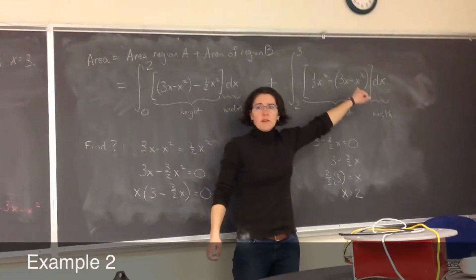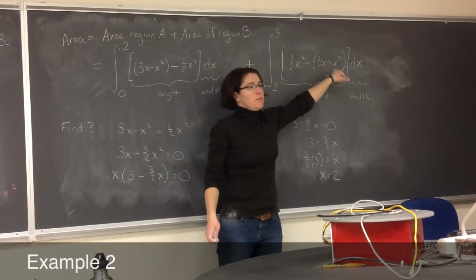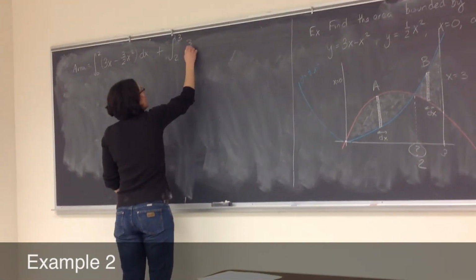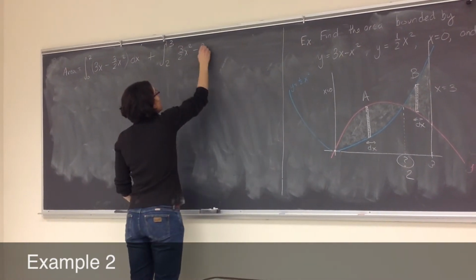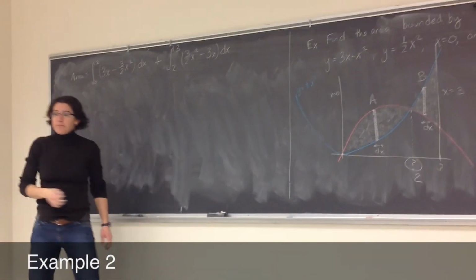And when I look over here, I need to remember to distribute this negative sign. So I've got 1/2 x squared plus an x squared gives me a positive 3/2 x squared minus 3x. And then a dx at the end.